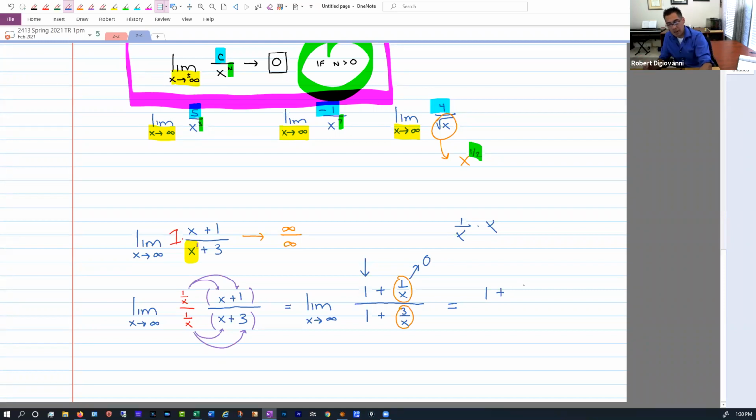So that's headed to 0 over, now on the bottom I have the 1 there, and then this guy is also headed to 0, so that's a plus 0. What we like to say is that these two things vanish. As you take the limit, those basically go off to 0, and so you're essentially getting 1 divided by 1, which is 1. So the limit of that is 1.